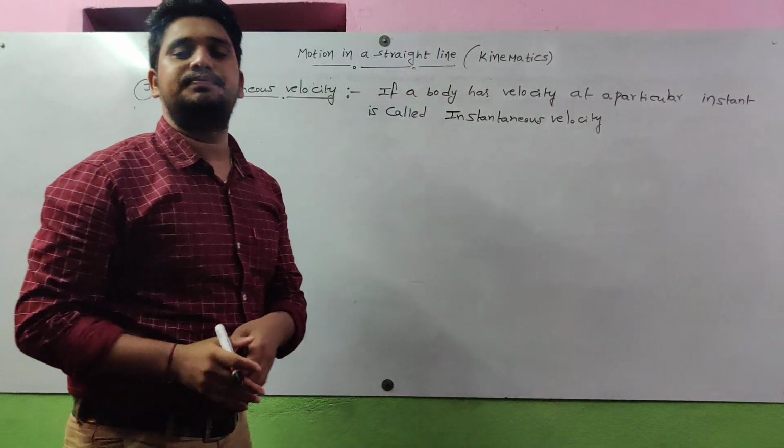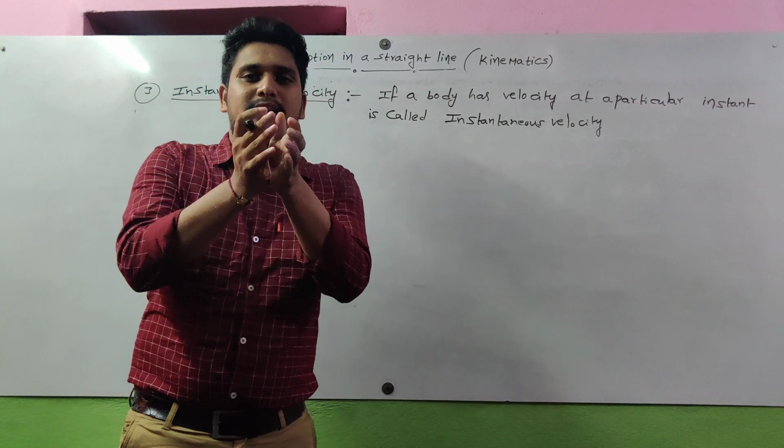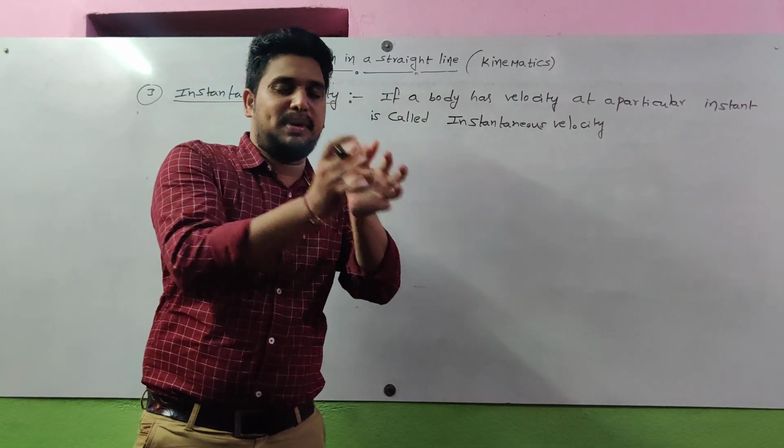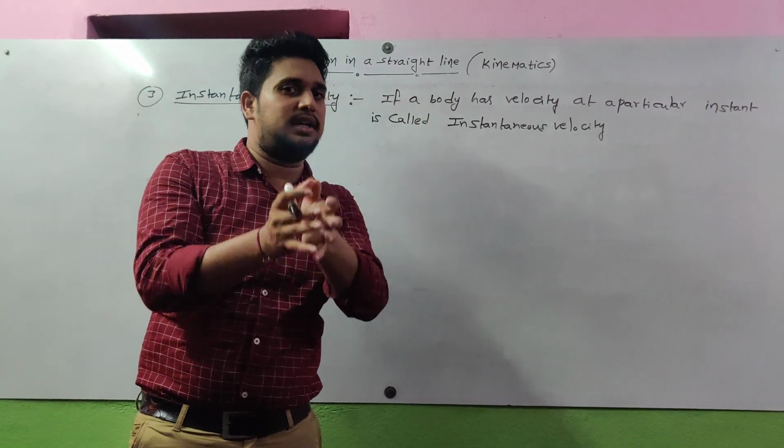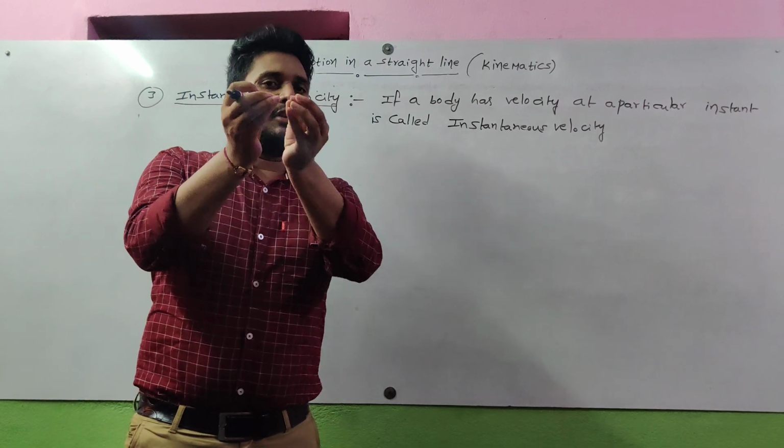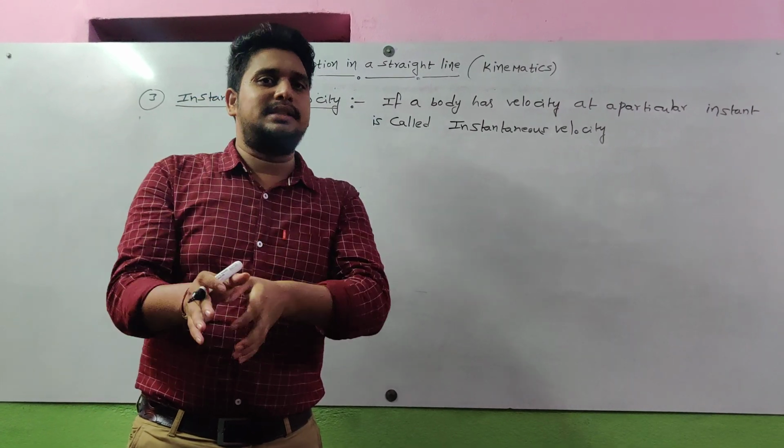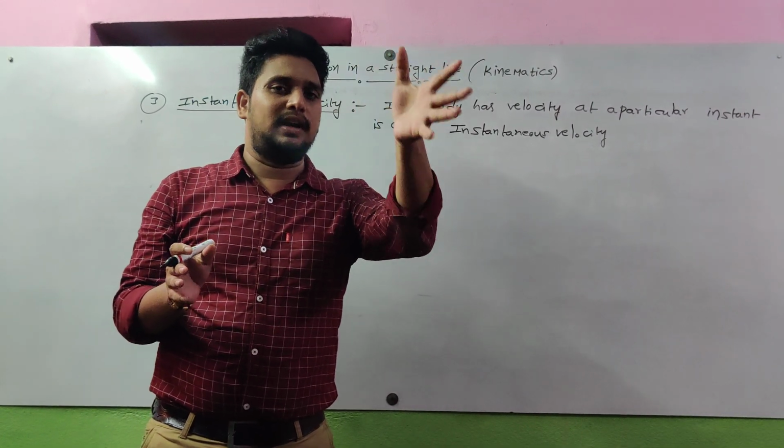At a particular time, if a body has a certain velocity, that is called instantaneous velocity.